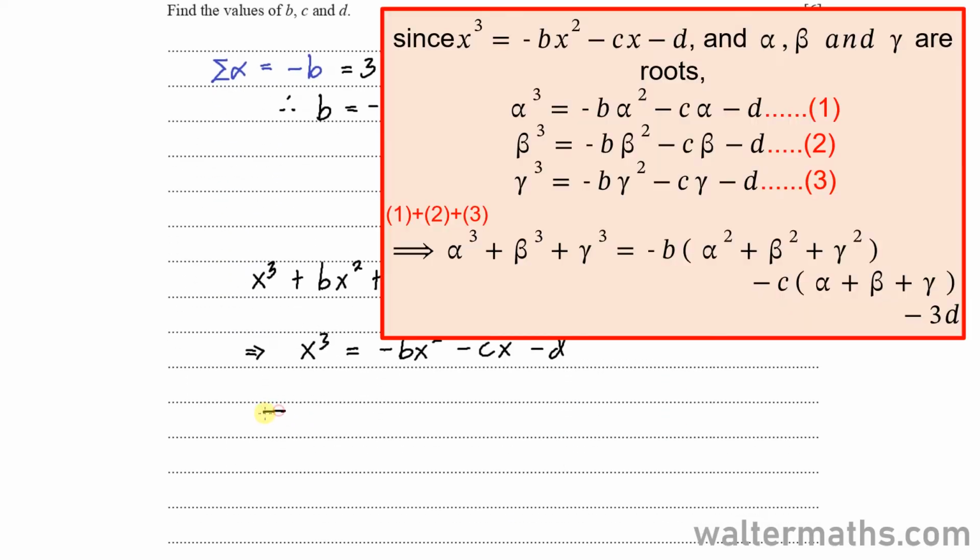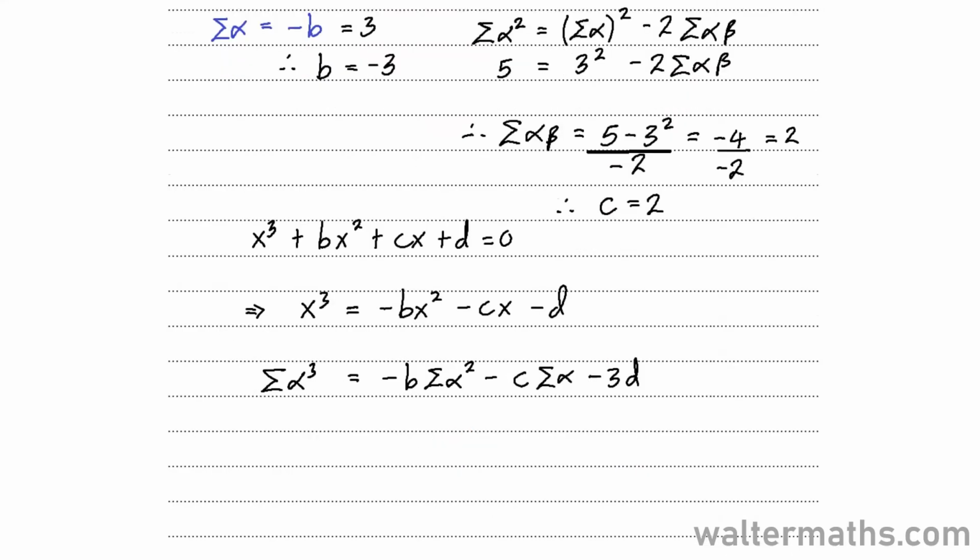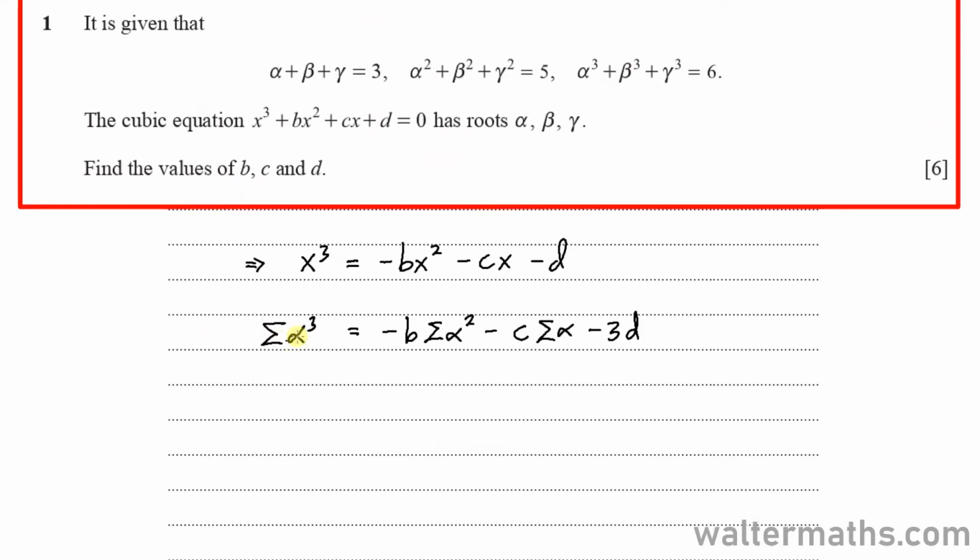So we get the sum of roots of the form alpha cubed being equal to minus b of the sum of roots of the form alpha squared, and minus c of the sum of roots, and that's minus 3d. Now from the information given, for the sum of roots of the form alpha cubed we already have that as 6.